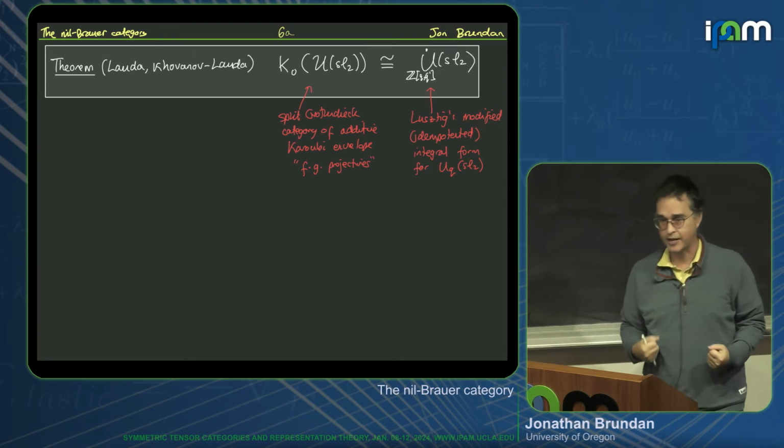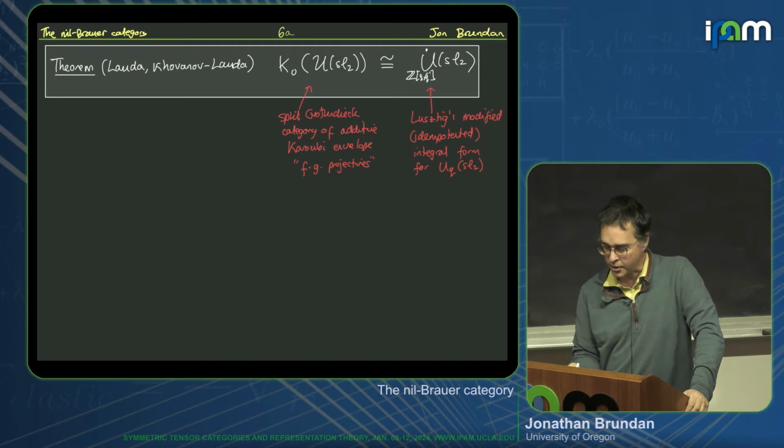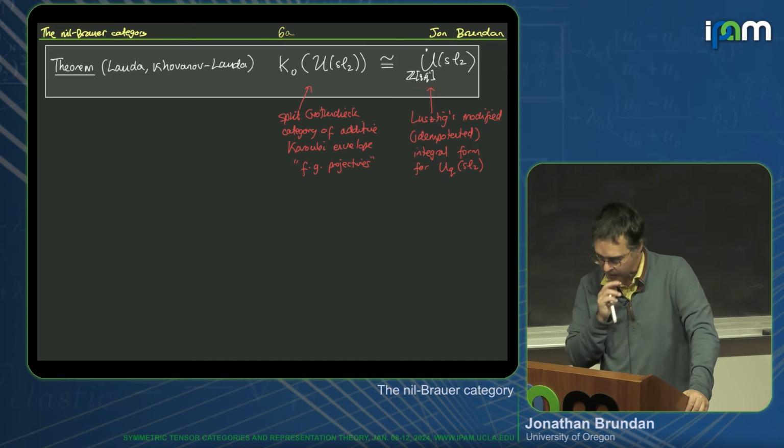So I guess a good theorem that convinces you that this is something to do with SL2, and maybe when you saw that Chevalley relation, you thought it might have something to do with SL2, but here's an actual theorem: the split Grothendieck category of this 2 category, U of SL2, is isomorphic to Lusztig's integral form for this modified quantum group associated to SL2. So this is U dot SL2, and there's meant to be a Z[q, q inverse] to remind you that we're working with this Lusztig form.